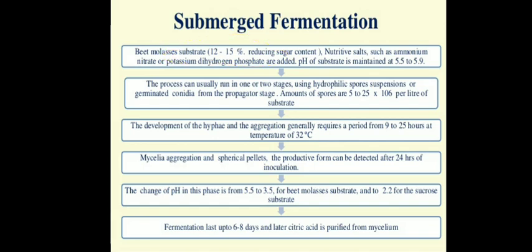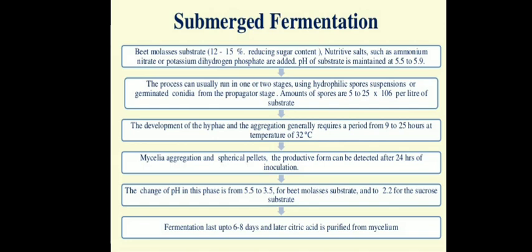These beet molasses are mixed with different types of nutritive salts such as ammonium nitrate or potassium dihydrogen phosphate. After addition of these nutritive salts, the pH of the medium is adjusted to 5.5 to 5.9. At this pH range, the production of citric acid is carried out properly at high concentration.